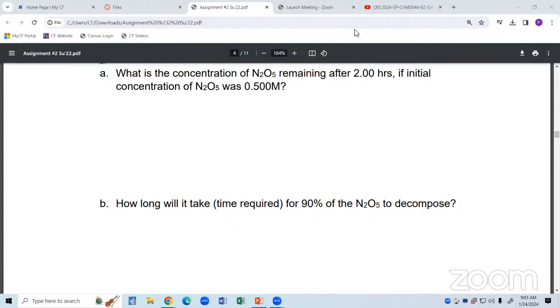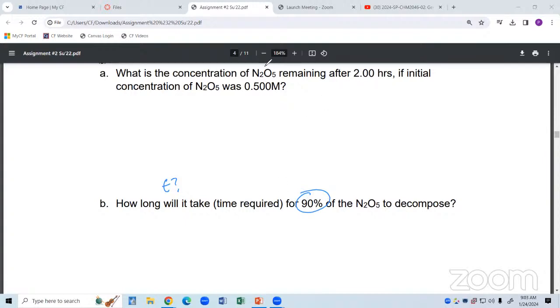Go back to this again. So the question is asking for t, right? Here's a key thing. It says 90% of the N2O5 decomposes. So what that means is that the amount remaining would be 10%.